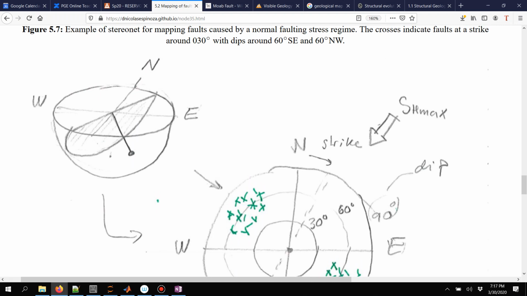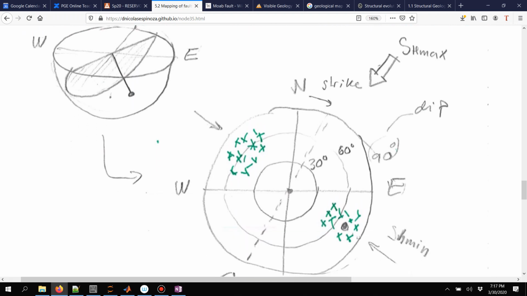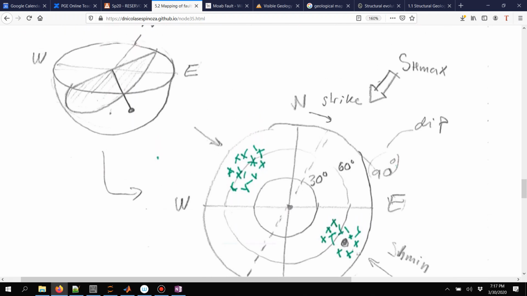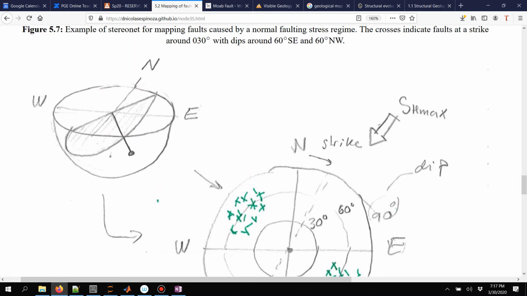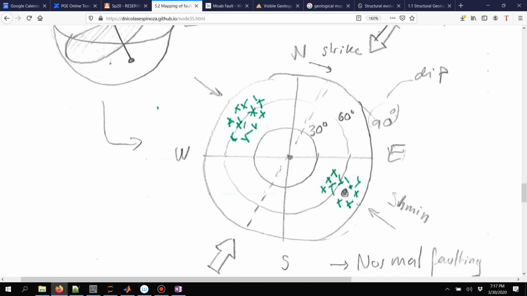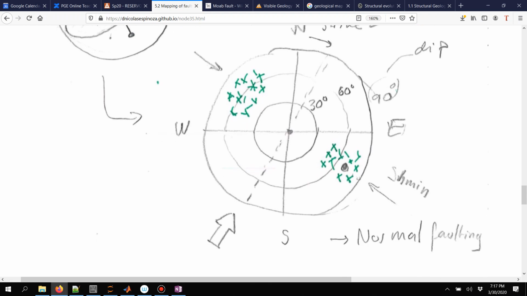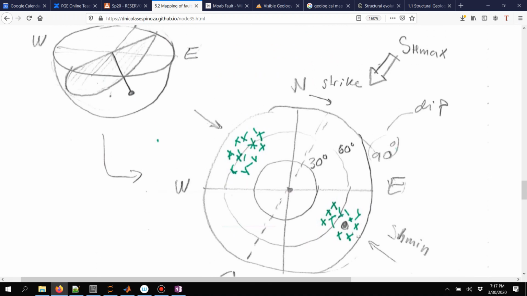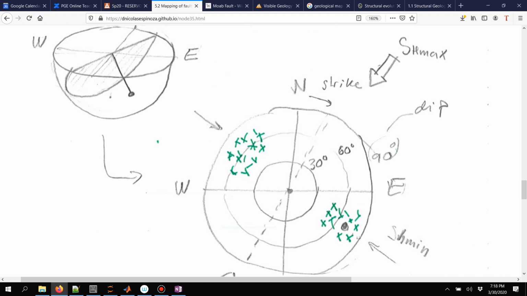And when we look at that pole from the top, with the top view, what we will see is a dot like this, where of course we're expecting the cardinal directions. This is the north, south, east, west, and the direction of the pole is going to tell you both the strike and the dip of a particular fault.